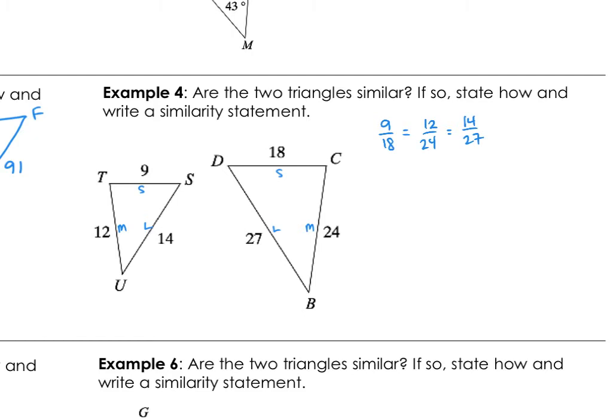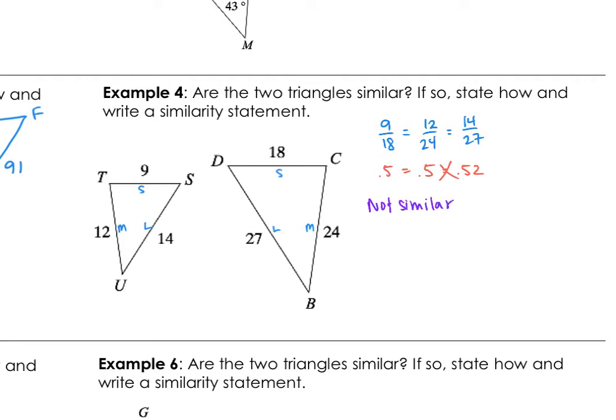So next, just put those in your calculator. So 9 over 18 is 0.5. 12 over 24 is 0.5. So far, so good. But if you put 14 and 27 into your calculator, it's about 0.52, which is not equal. So in that case, these are not similar. So you would write that they're not similar.